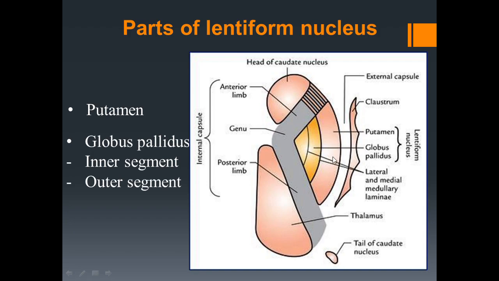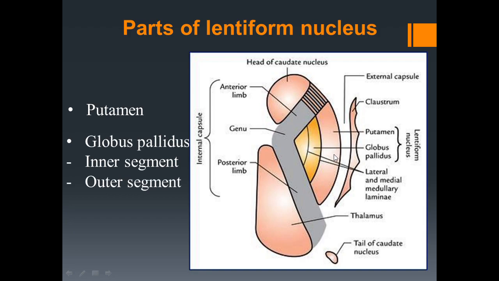So this putamen is dark in color and it consists of densely packed small cells, while this inner part is the globus pallidus, which is faint in color, and it consists of large motor cells.